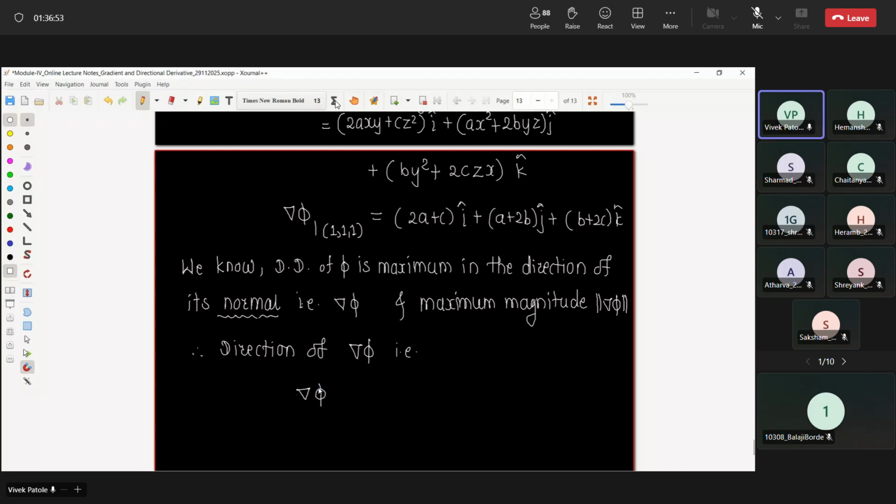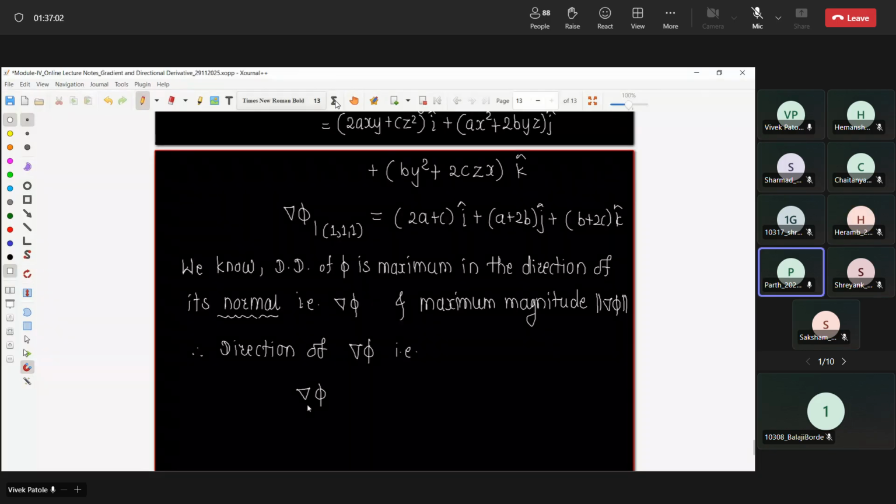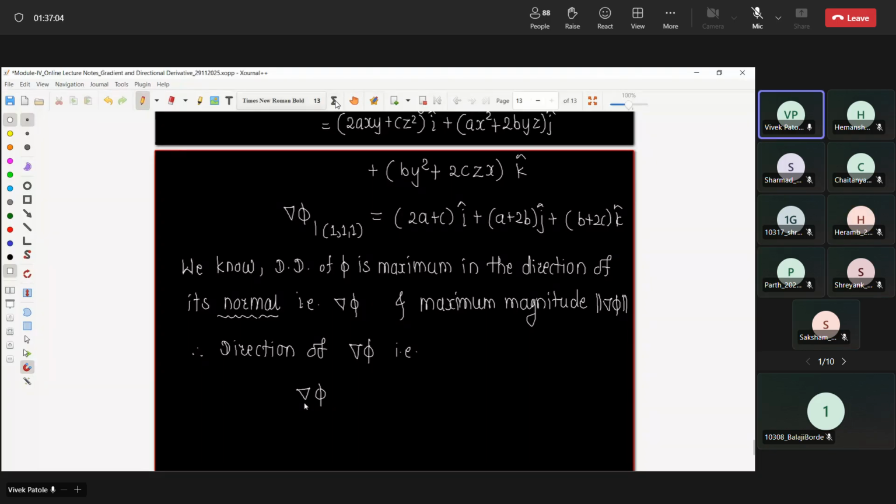Yes, anyone? Parallel to the y-axis. No, what is the direction of del phi? What is the direction of any vector?